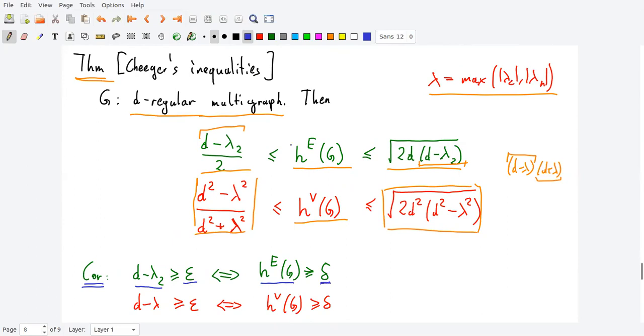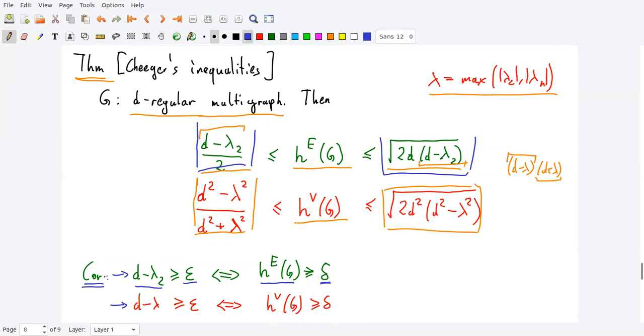Because these two expressions converge to 0 with d minus lambda converging to 0, and because they are functionally equivalent to the edge expansion here, you see that the edge expansion converges to 0 if and only if the spectral gap converges to 0. The same also applies to the vertex expansion and the absolute spectral gap.